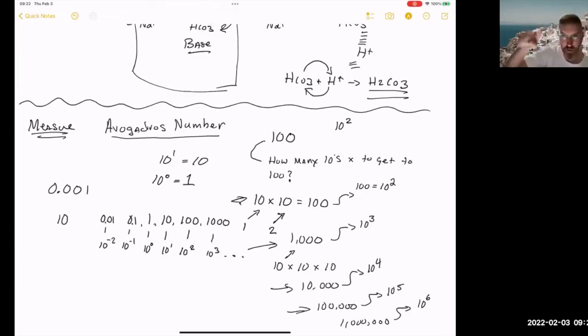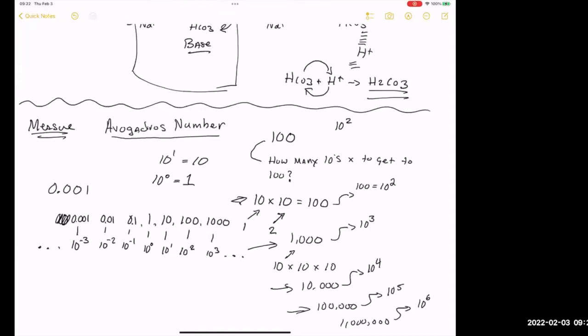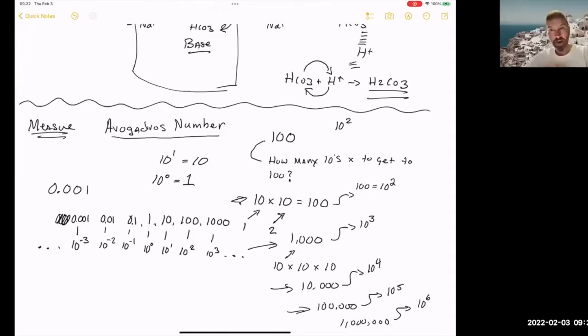The decimal point is moving 2 places over. 0.001 would be 10 to the minus 3, and so on and so forth. All right. Is everybody okay there? Does that make sense? Okay, that's what scientific notation is, a way of rewriting very large and very small numbers.